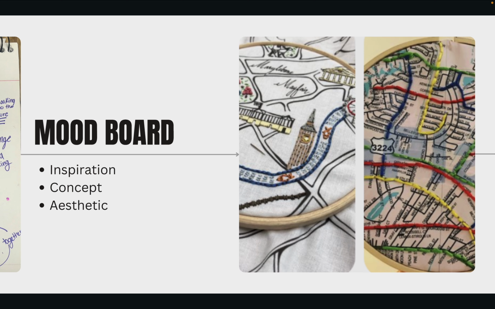Then from that, I moved on to mood boarding. This was kind of just me gathering different images and different things just for inspiration to help me overall get the concept and the aesthetic that I was going for when I was embroidering these streets on the back of the hoodie.